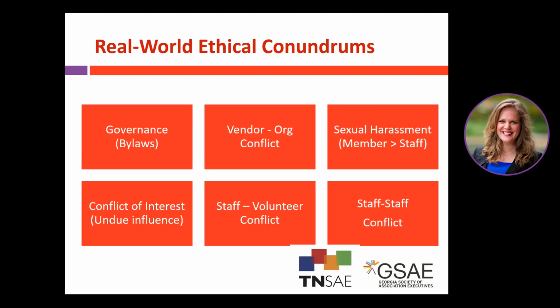Maybe there was a conflict between a vendor and your organization. Maybe you had a sexual harassment issue, conflict between staff and a volunteer, a volunteer and a volunteer, staff and staff, or maybe even undue influence where someone with authority was really pushing to contract on behalf of the organization where they would have benefited from that.